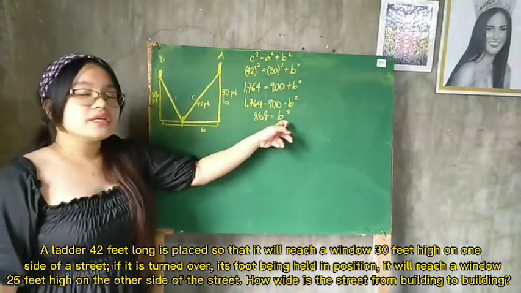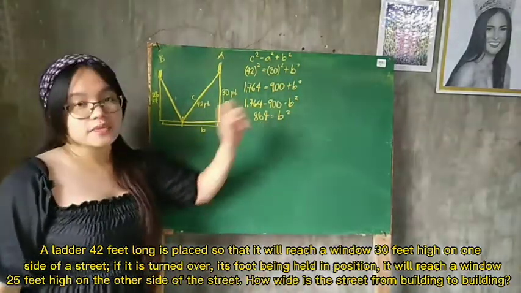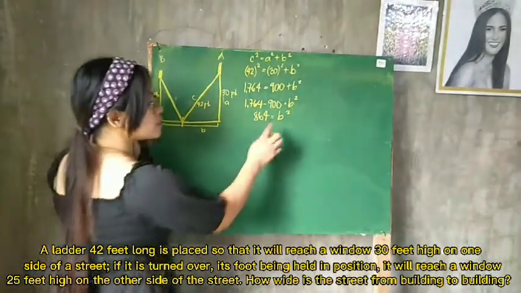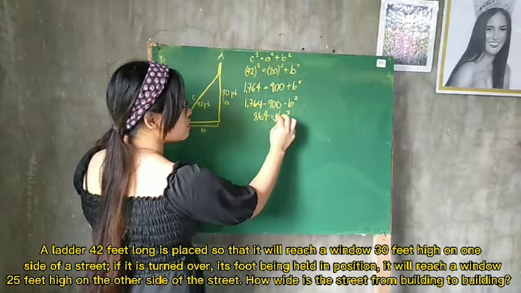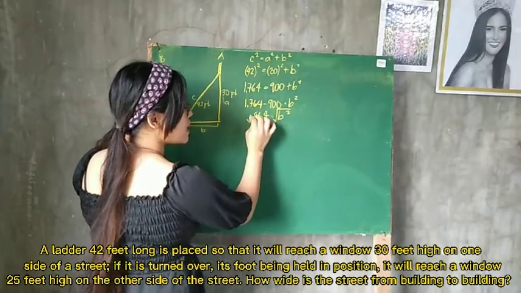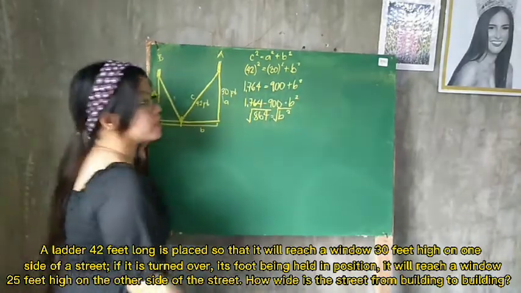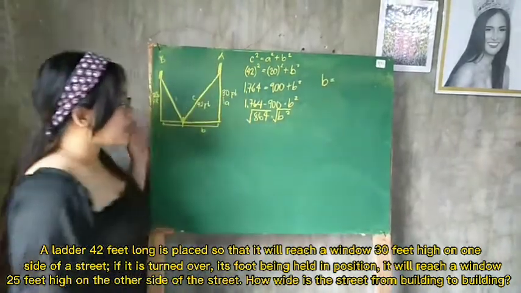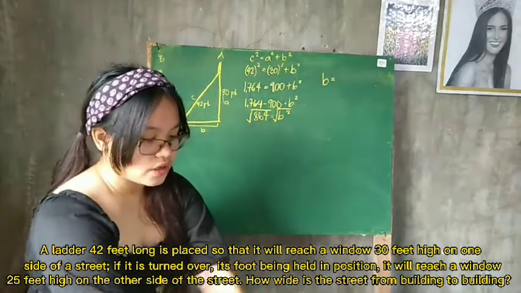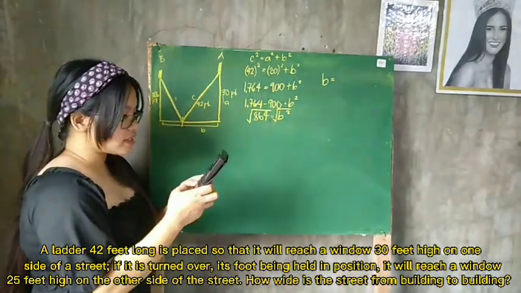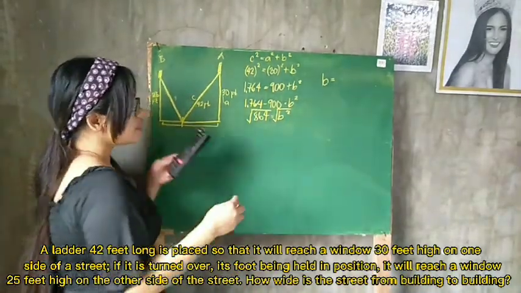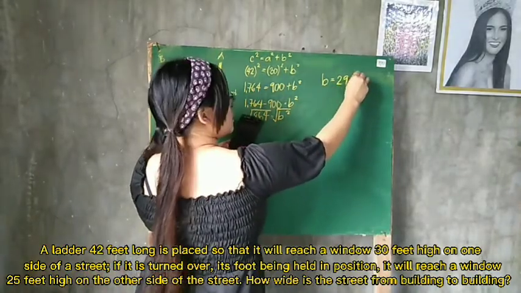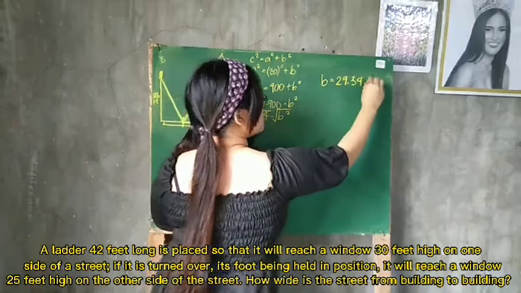Then since b squared has an exponent, we have to get the square root of both sides. So b squared will become b. The square root of 864 is 29.39 feet.